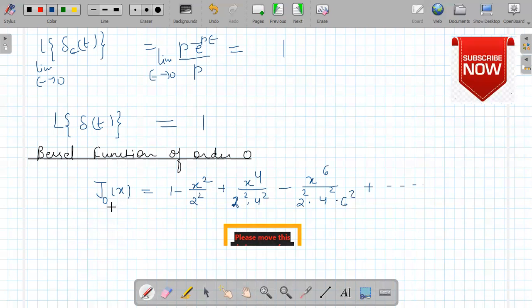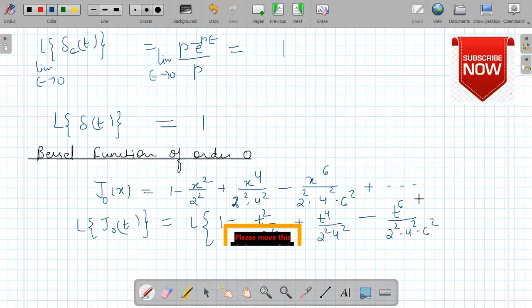It will be the Laplace transform of J naught t, which is 1 minus t square upon 2 square plus t^4 upon 2 square 4 square minus t raised to the power 6 upon 2 square 4 square 6 square and so on.